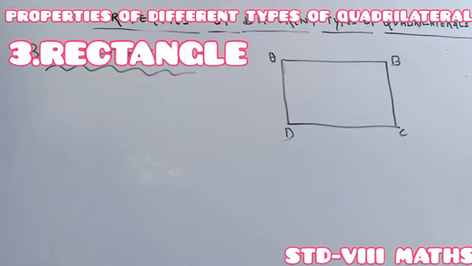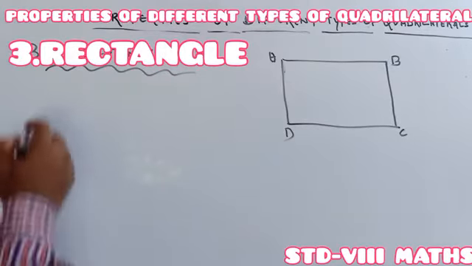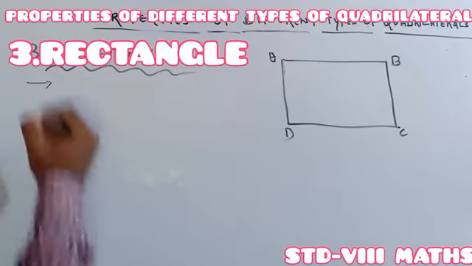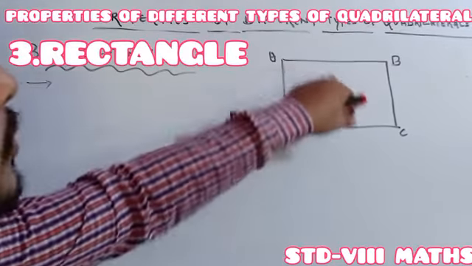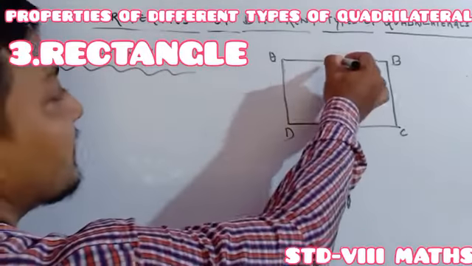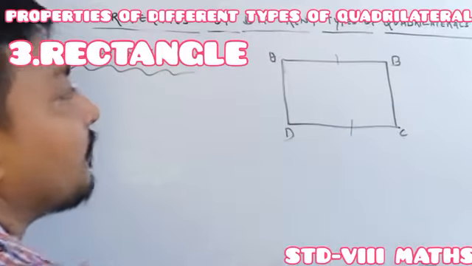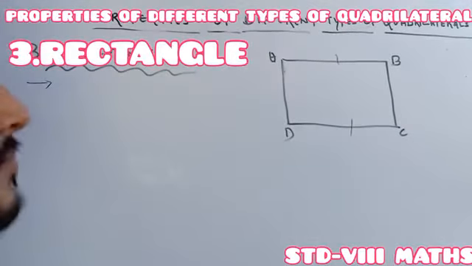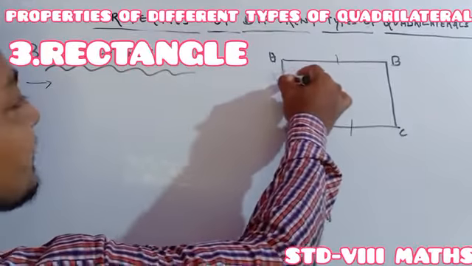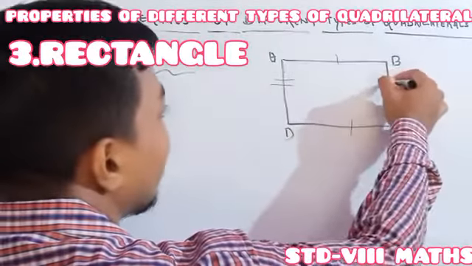First point: it is a quadrilateral. This is the common point, that ABCD is a quadrilateral. Second point: pairs of opposite sides are equal. This is the symbol of equal. This one is the same as this one, and this one is also the same as this one.